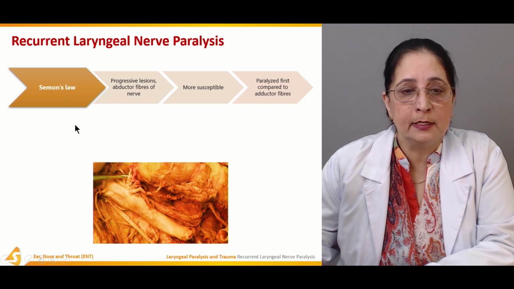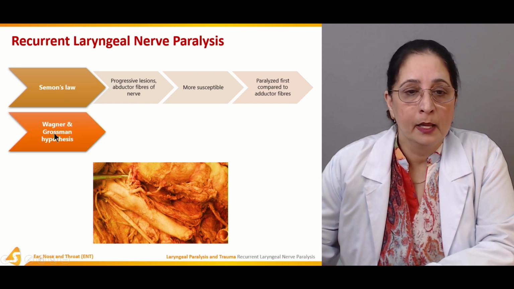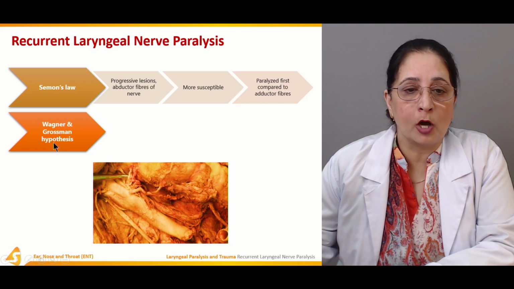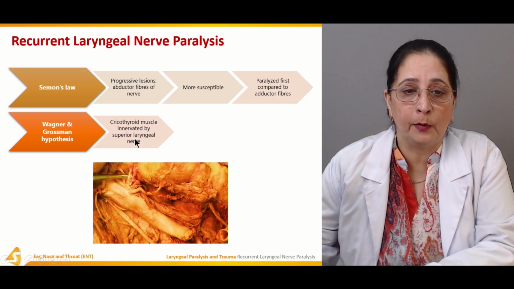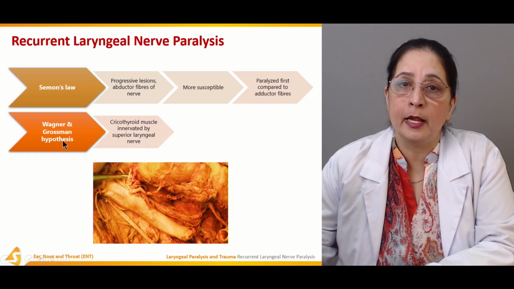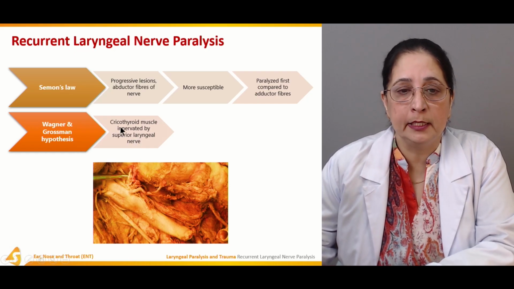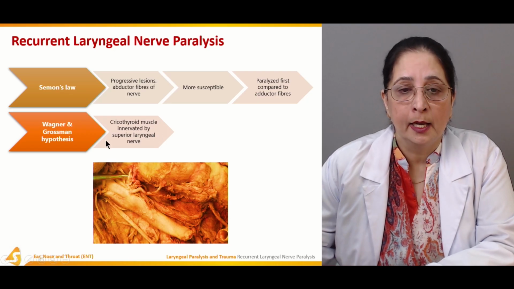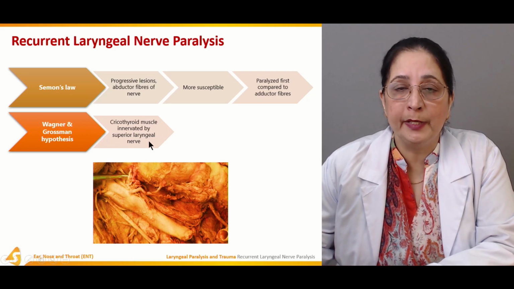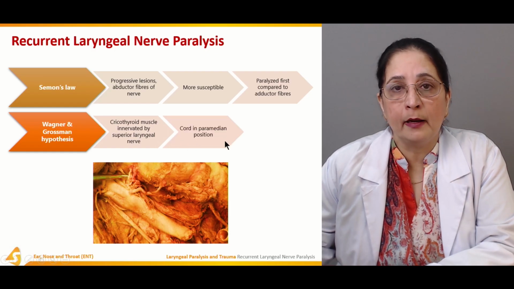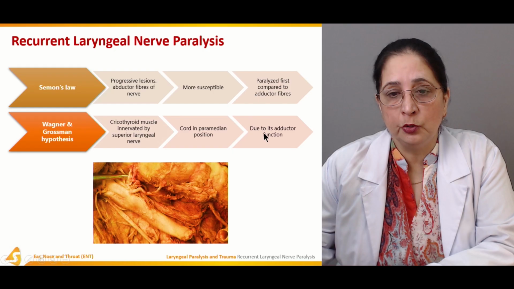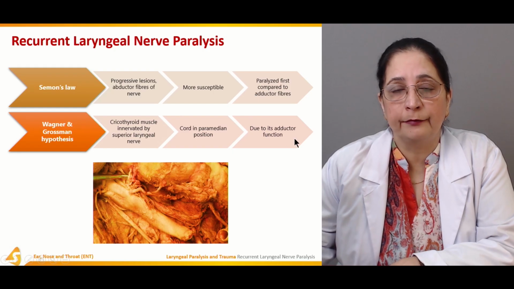That is Semon's law. Then the Wagner and Grossman hypothesis: the cricothyroid muscle, innervated by the superior laryngeal nerve, holds the cord in the paramedian position due to its adductor function.